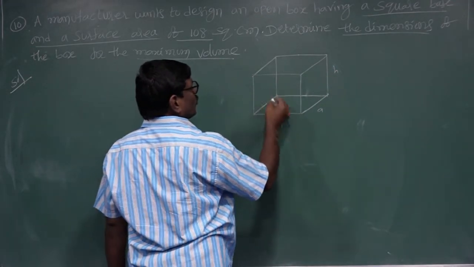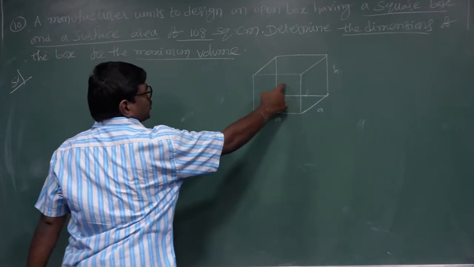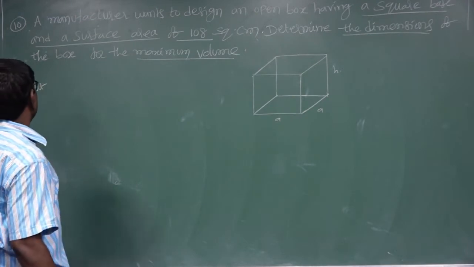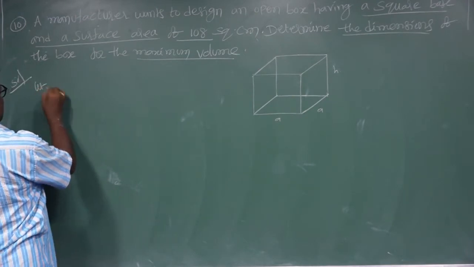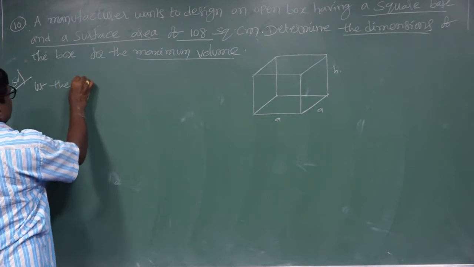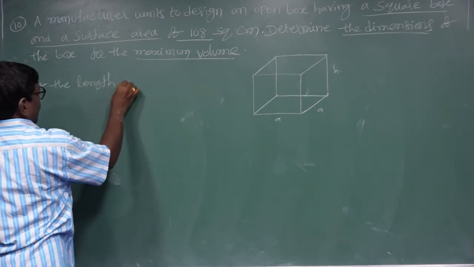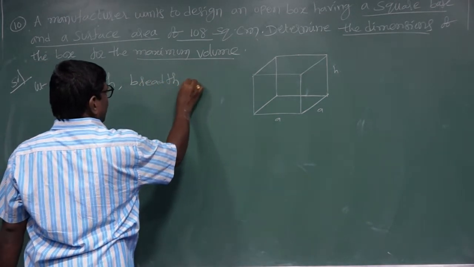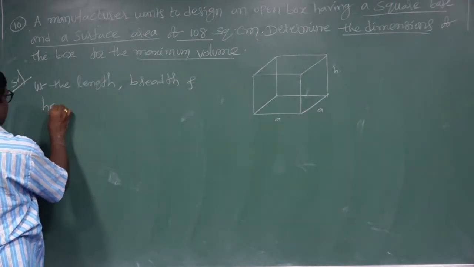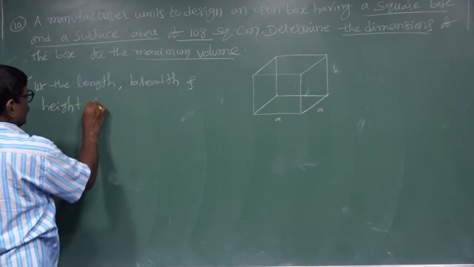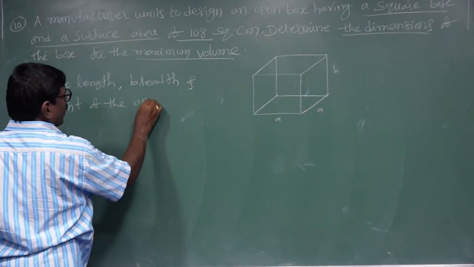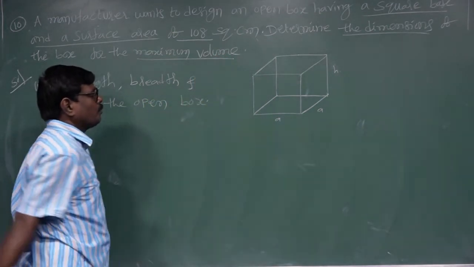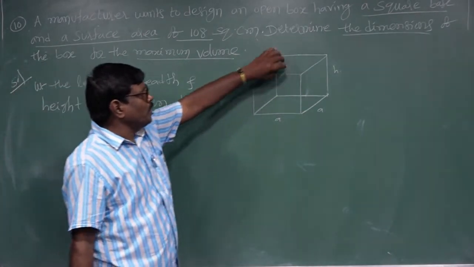It has 4 side faces: this is 1, this 2, 3. Let the length, breadth and height of the open box be as shown. This is an open box.